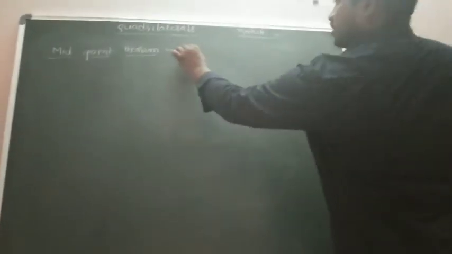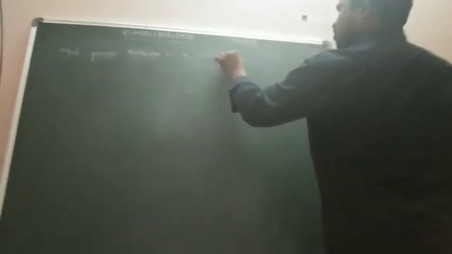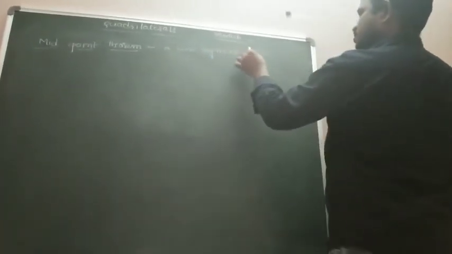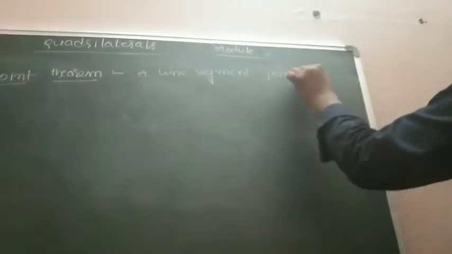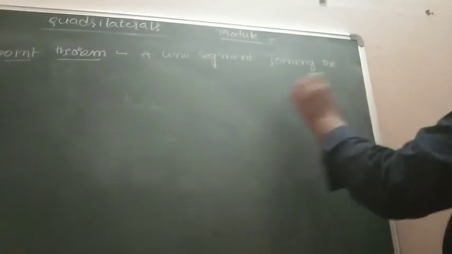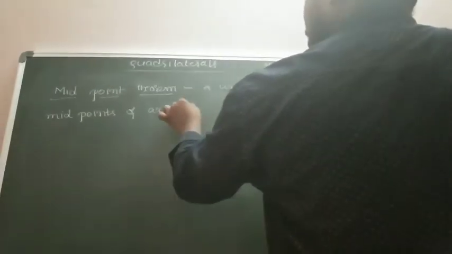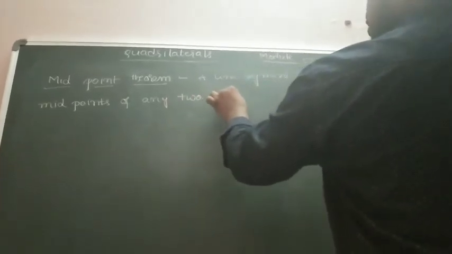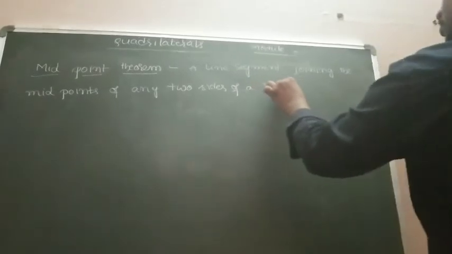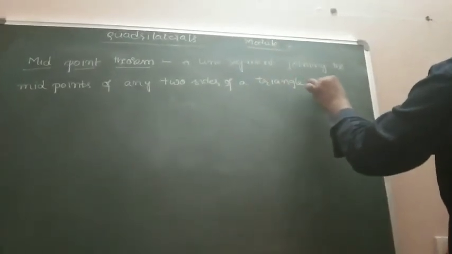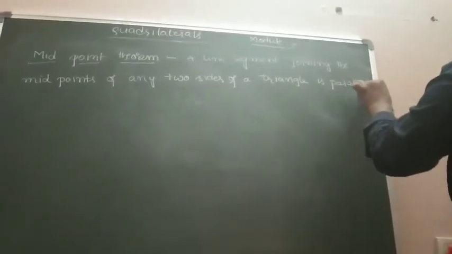The statement is, a line segment joining the midpoints of any two sides of a triangle is parallel to the third side.